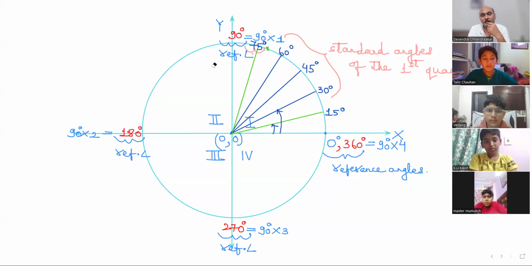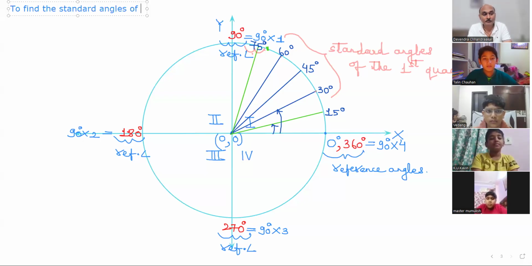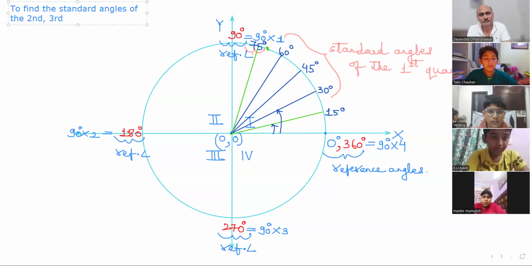Now comes the part: if we know the standard angles of the first quadrant, there are standard angles for the second, third, and fourth quadrants as well, right? Why are we calling them standard angles? Because they are the most widely used angles in the curriculum in which you will be learning this chapter.